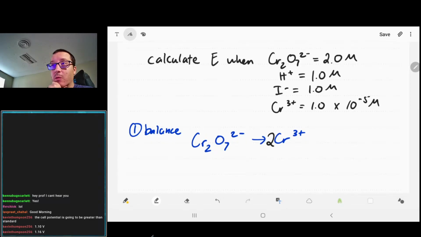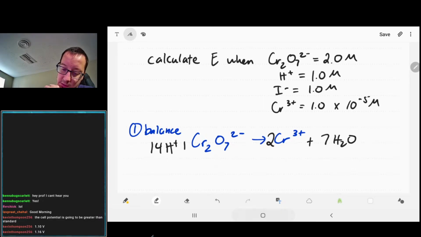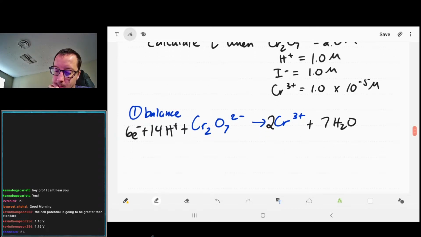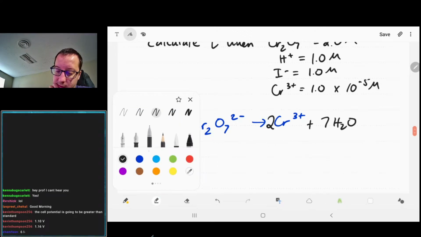Then we want to worry about oxygens. So we're going to add 7 waters. Now we have to worry about hydrogens. So we're going to add 14 hydrogens. And look at the charge. We have 12 plus on the left, 6 plus on the right. So we need 6 electrons to balance this out.